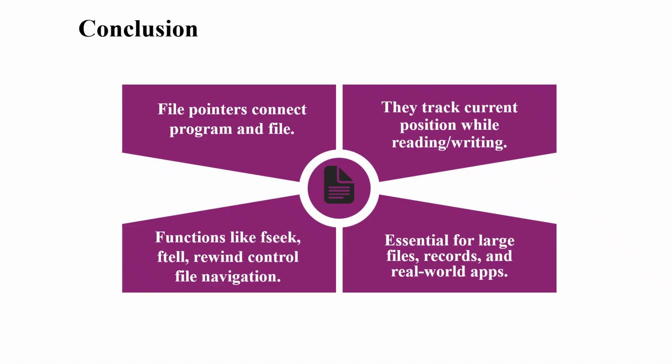And the third thing is we have some very important functions like fseek, ftell, and rewind that give us full control over file navigation, moving to the end, checking the size, or jumping back to the start.